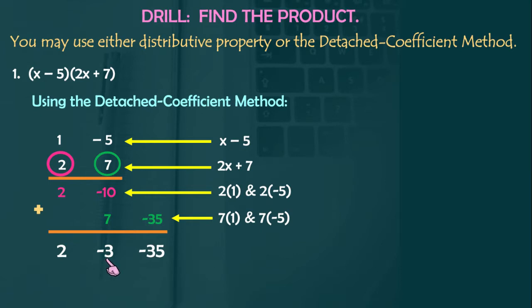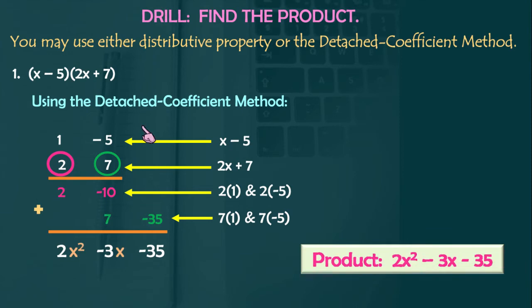Therefore, negative 3 will be the coefficient of our x term, and 2 is the numerical coefficient of our x squared term. So therefore, the product using the detached coefficient method is 2x squared minus 3x minus 5.